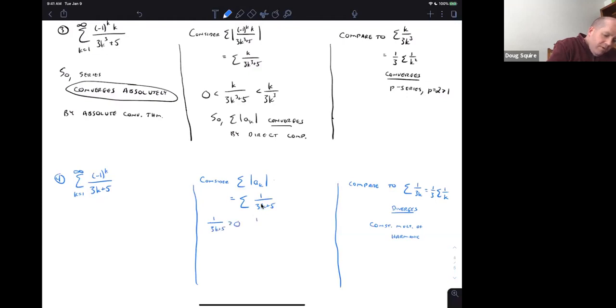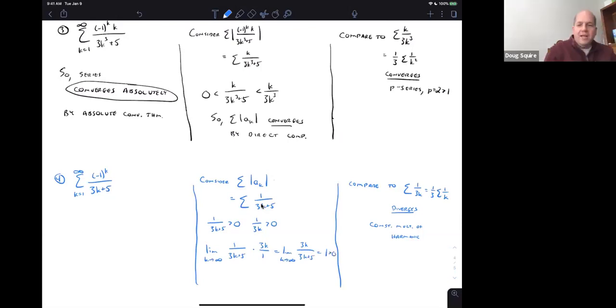So we say, okay, 1 over 3k plus 5 is positive. 1 over 3k is positive. And now the limit as k goes to infinity of 1 over 3k plus 5 times 3k over 1 is the limit as k goes to infinity of 3k over 3k plus 5, which is 1.